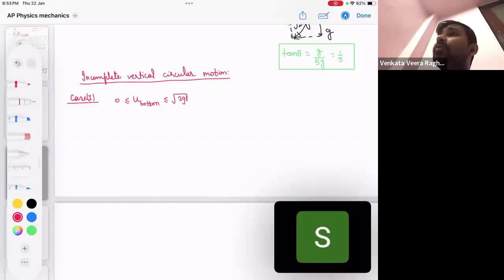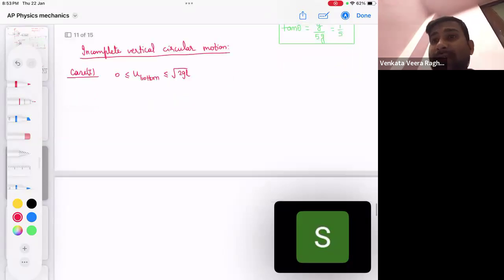I did not give even root 2 GL velocity, right? So in that situation, what will happen? Let's say at the bottommost point, I gave the velocity root of 1.5 GL. It will go some distance, and after reaching this point it will come back.